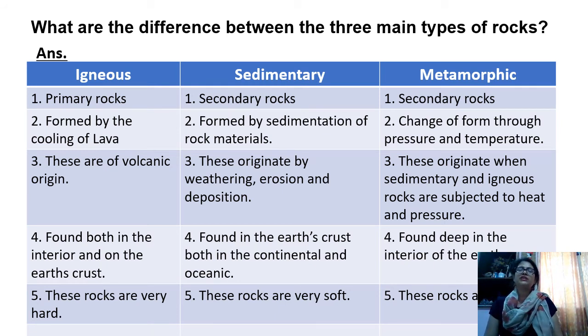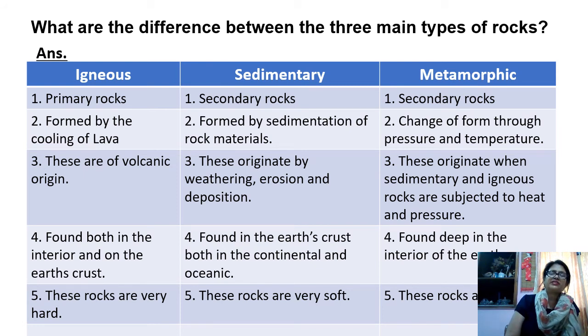Metamorphic rocks originate when sedimentary and igneous rocks are subjected to heat and pressure deep in the interior of the earth. Sedimentary rocks are found in the earth's crust, both continental and oceanic.